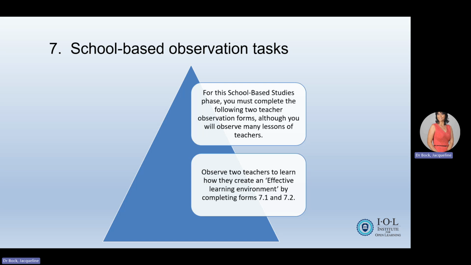You observe 2 teachers to learn how they create an effective learning environment, and your observations need to be jotted down in those paragraphs. It's 2 pages: 7.1 a full page, and 7.2 another page. If you do not complete these sections, you will be penalized.